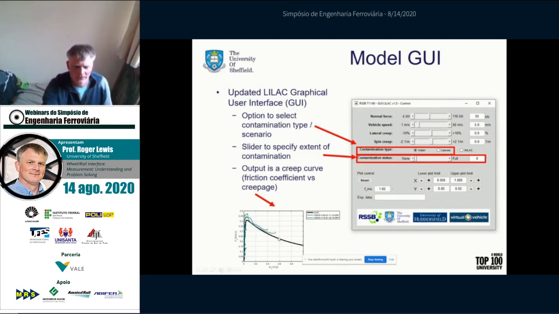If you select your conditions for contamination or no contamination, it will generate a creep curve. You can then feed that into a multi-body dynamic simulation or a brake model. This model is available if anybody would like it. It's freely available. If they contact me, we can provide it and the code as well.